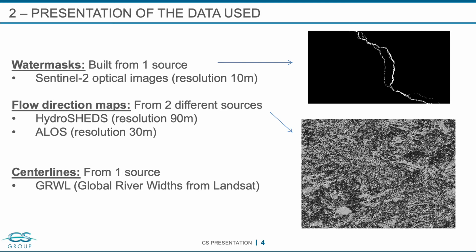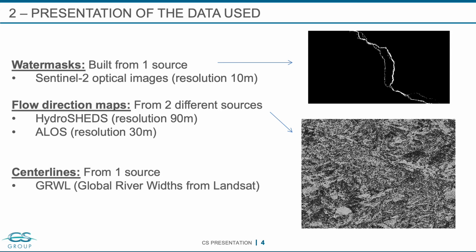First of all, we used watermasks that are maps showing where there is water and where there is not water. In this example, we see that water is in white and the rest of the map is in black. We also used flow direction maps. They are maps where every pixel has a value that shows in which direction the water will flow.